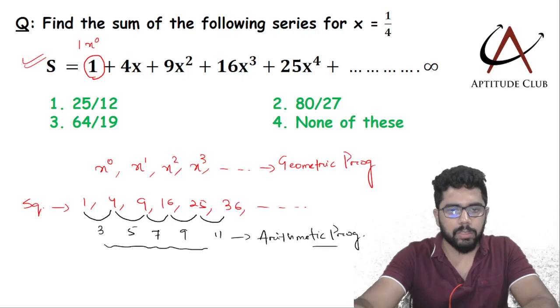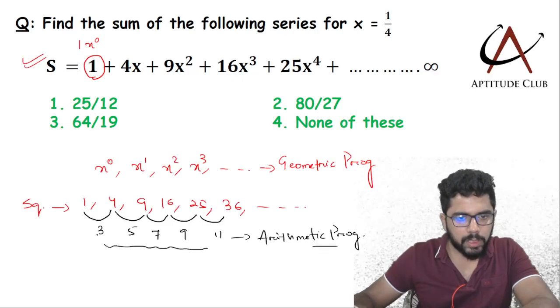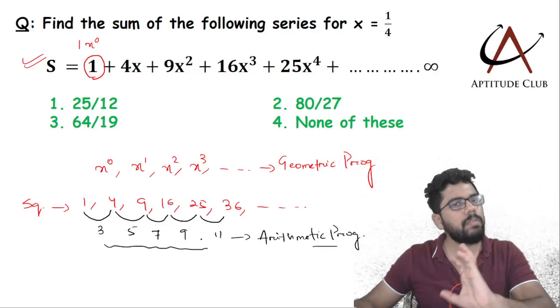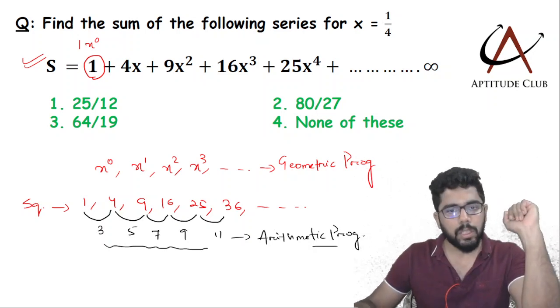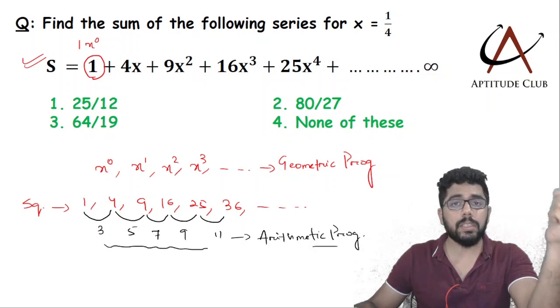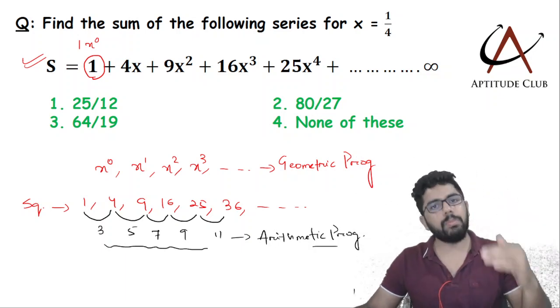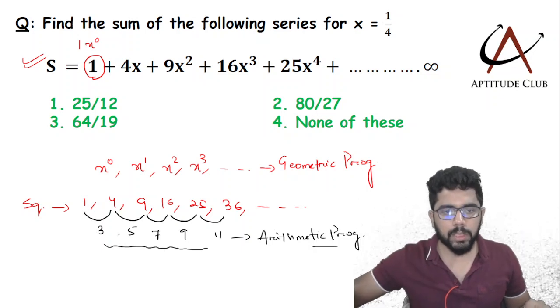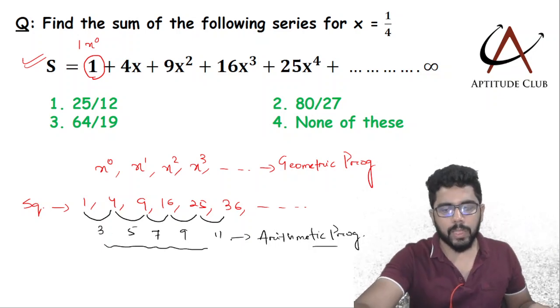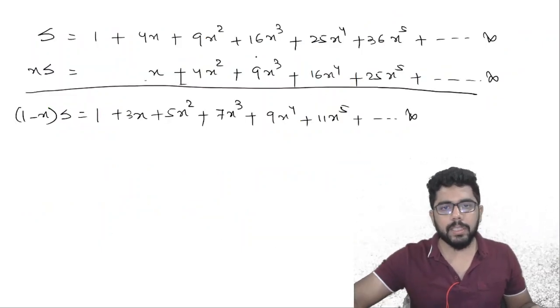Now let's see what happened. If you go back, look at these numbers 3, 5, 7, 9, 11. These are the differences of the coefficients. Because I saw the difference is in arithmetic progression, first I need to bring the series to that form. So I needed these numbers 3, 5, 7, 9, 11. That is why you multiply x and subtract it once.